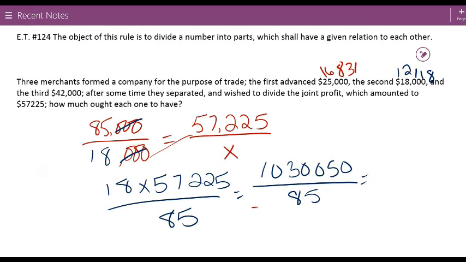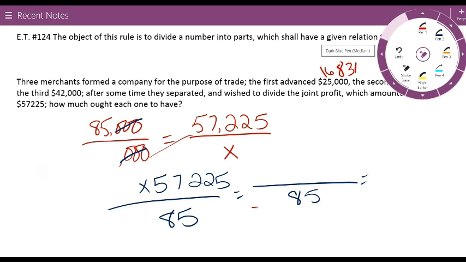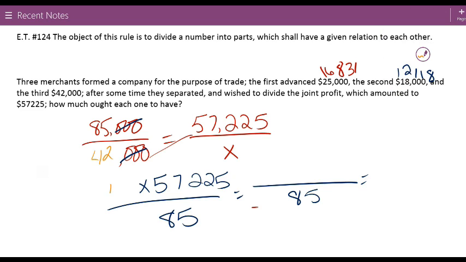Now we will clear out the parts we need to change. And the last merchant contributed $42,000, so we'll put our 42 in. Again, still the same proportion, working the same problem.